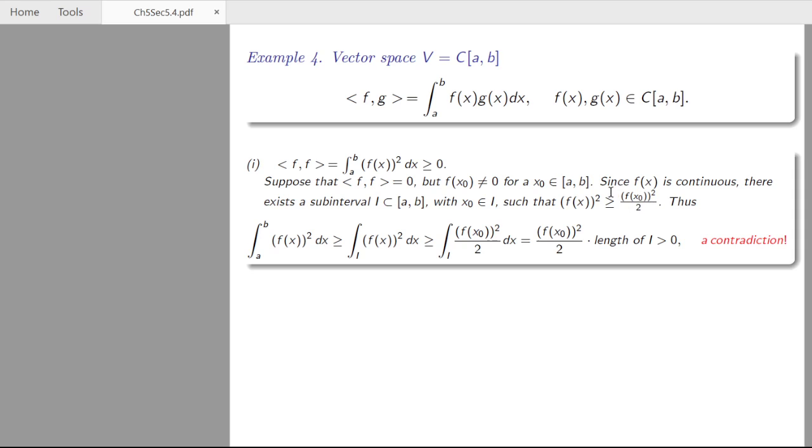This is a property based on the assumption of continuity for the function f(x).